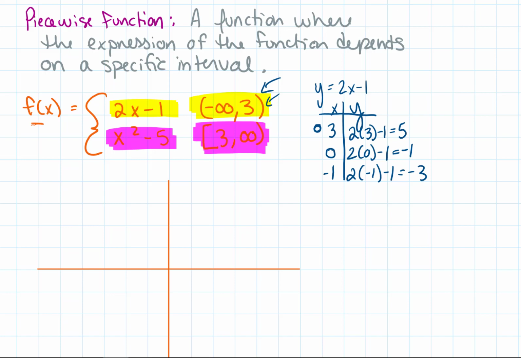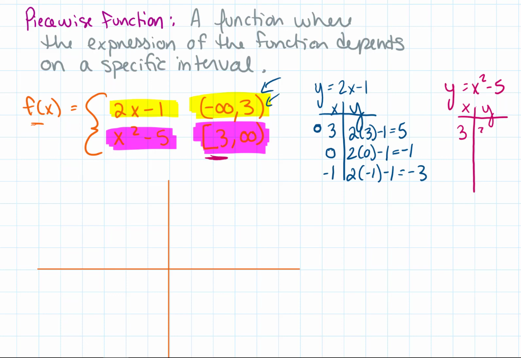Now I'm going to do the same thing for the other graph. Y is equal to x squared minus 5. So I'm going to start at 3 because at 3 we have a square bracket.